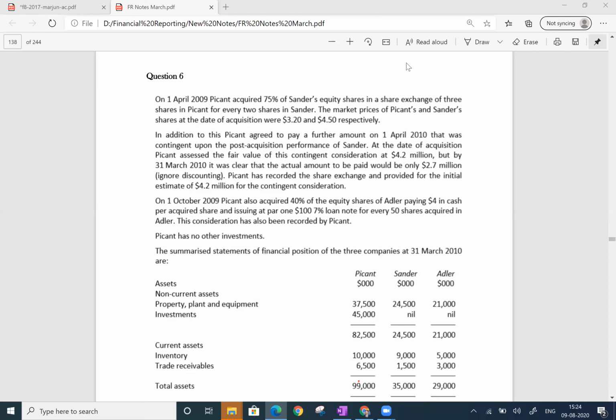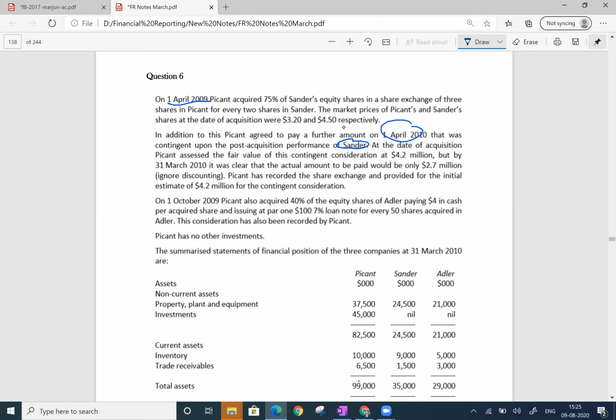Nothing new. In addition to this, P agreed to pay a further amount on 1st April 2010. When you acquired on 1st April 2009, after 1 year from the date of acquisition, you agreed to pay a further amount on 1st April 2010 that was contingent upon the post-acquisition performance of S.